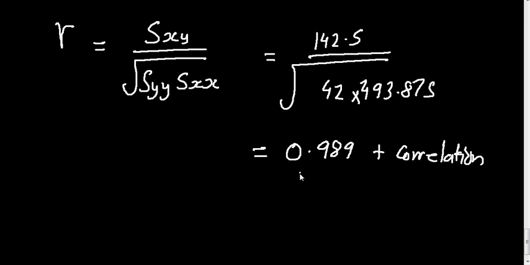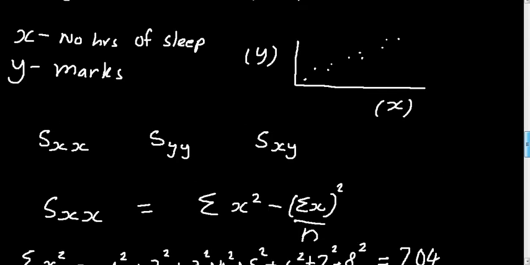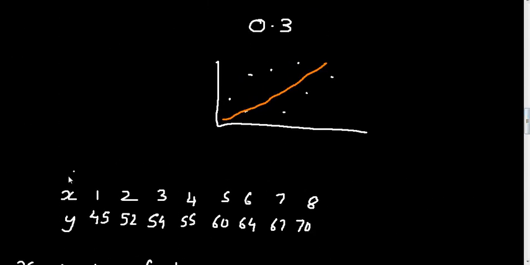Now in exams, a lot of the time they say interpret this value, when you consider all of these values. Interpret that value of 0.989. What does that mean for this set of values? Because there's a strong positive correlation, that means when one increases, the other increases.